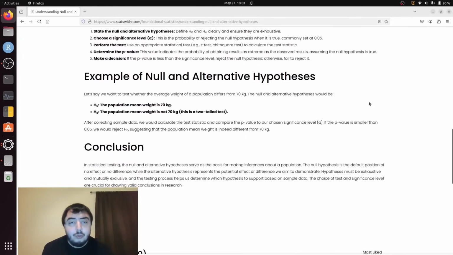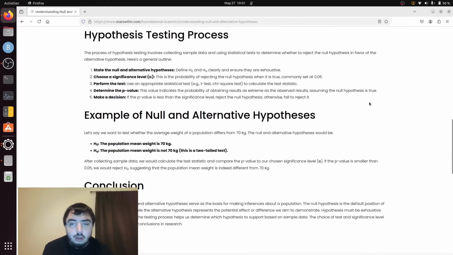So briefly, I'm going to talk about the process here. State the null and alternative hypothesis. Choose a significance level, which is almost certainly going to be 0.05, unless you have a good reason for it not to be. You perform the test. You get the p-value from the test.